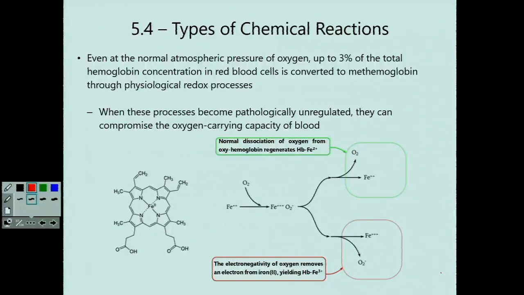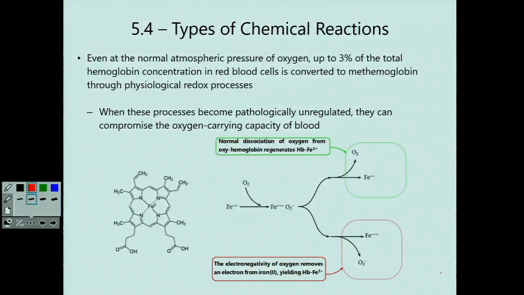So 97% of our hemoglobin is always working fine, and we have about 3% that is gone. It's there, but it's not operational. So there are, in fact, a variety of different pathological processes. Some are genetic, some are acquired, some are the result of an exposure to some toxin or some infectious agent, or in some cases we don't know what the issue is. It just happens to happen.